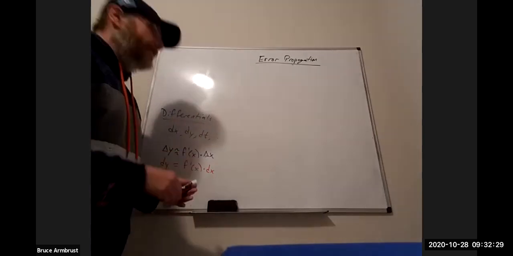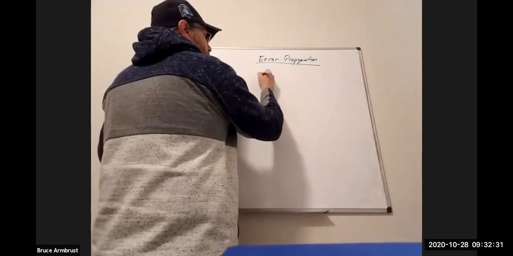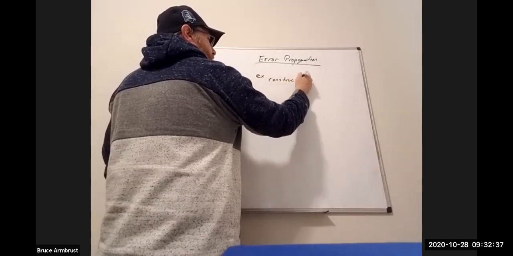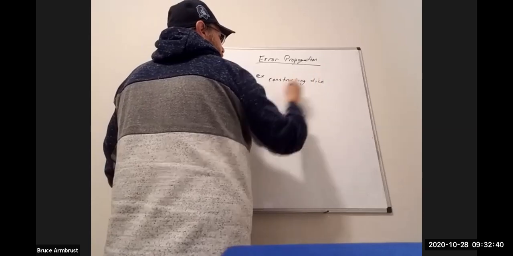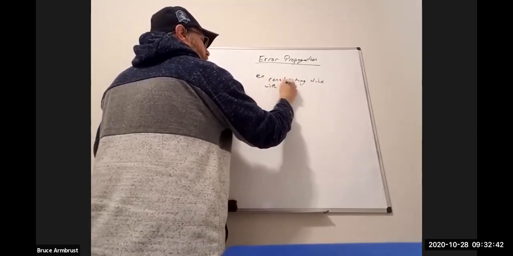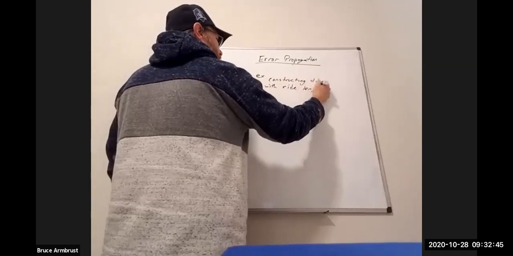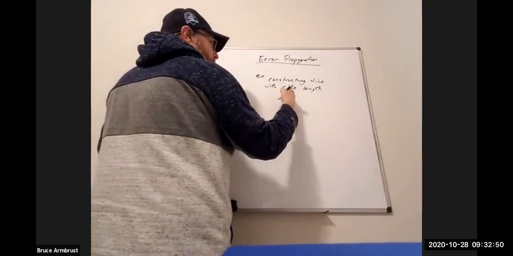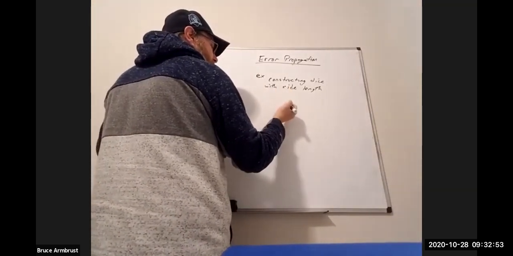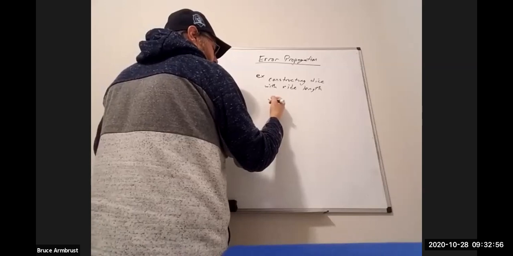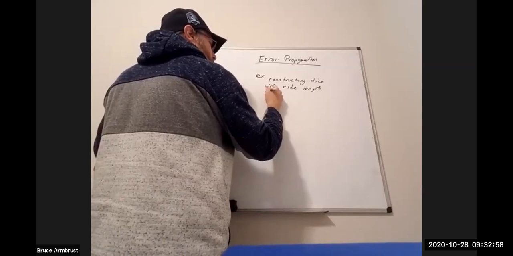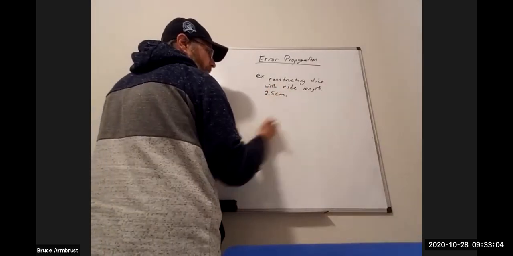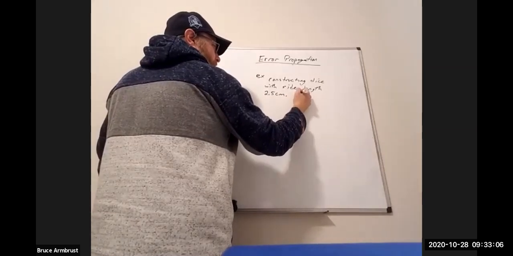All right, so let's go to that die example. For example, we're constructing dice. We're going to go metric. We're going to be constructing dice with a side length of, let's go 2.5 centimeters. All right, but there's possible error.